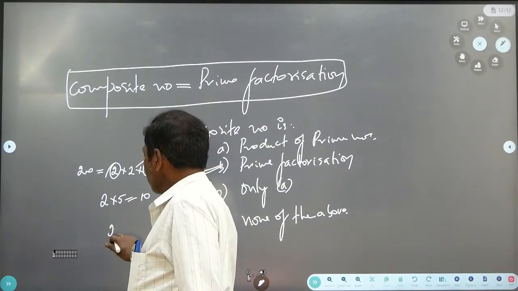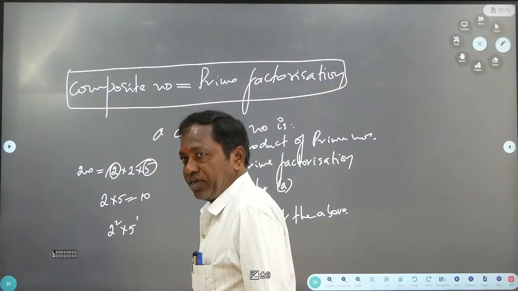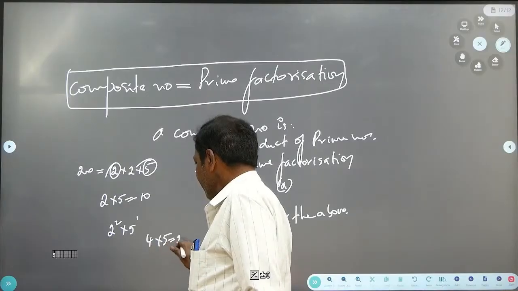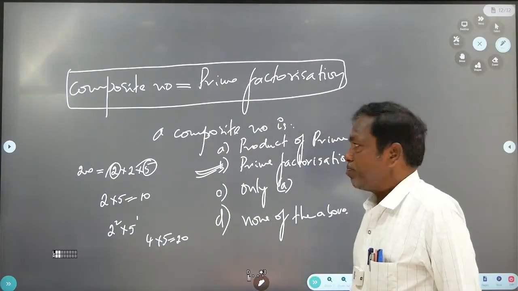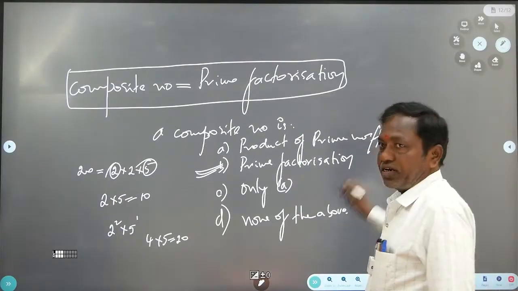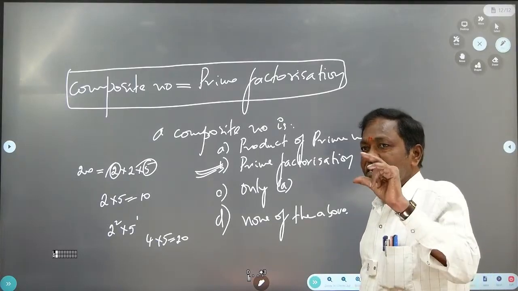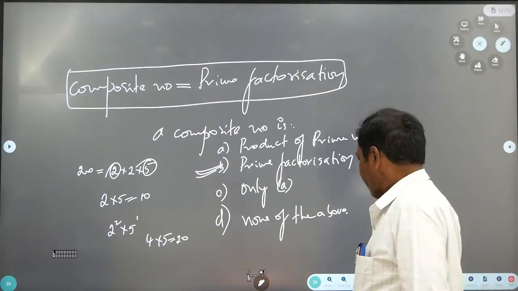Factorization means 2 square into 5 to the power of 1. So, 4 into 5 is 20. That is why it is prime factorization, not product of prime numbers or prime factors. Prime factorization is the equivalent value of a certain number.